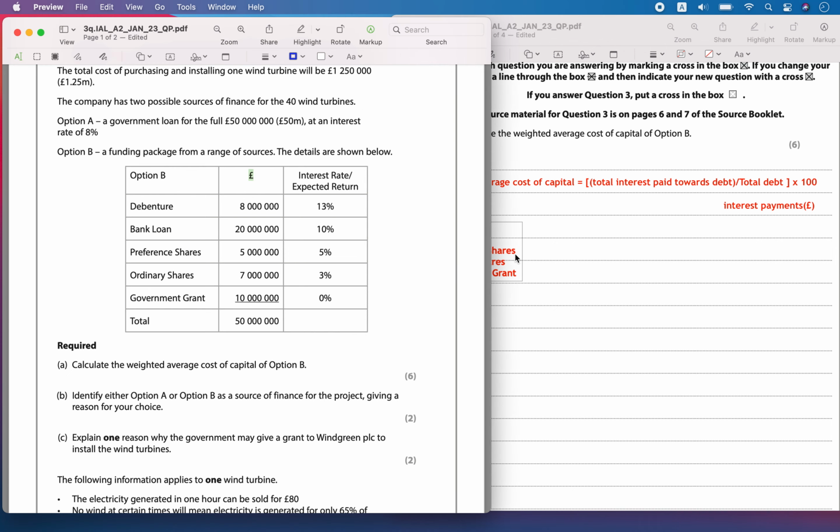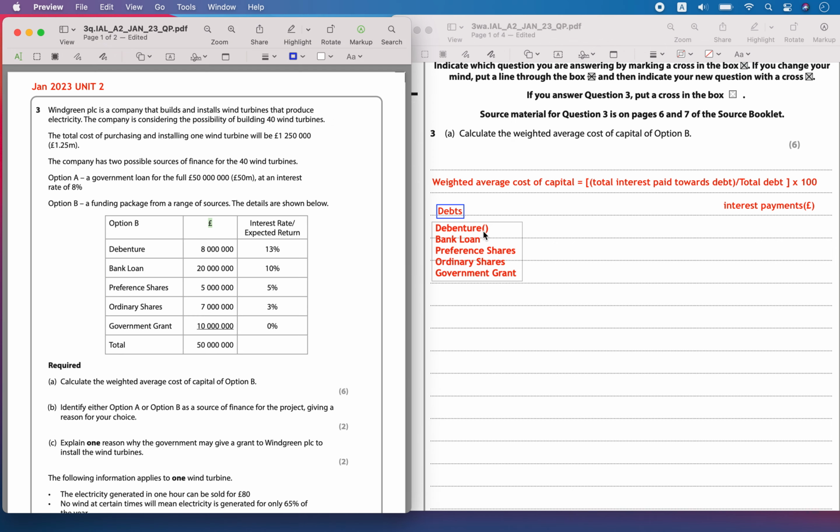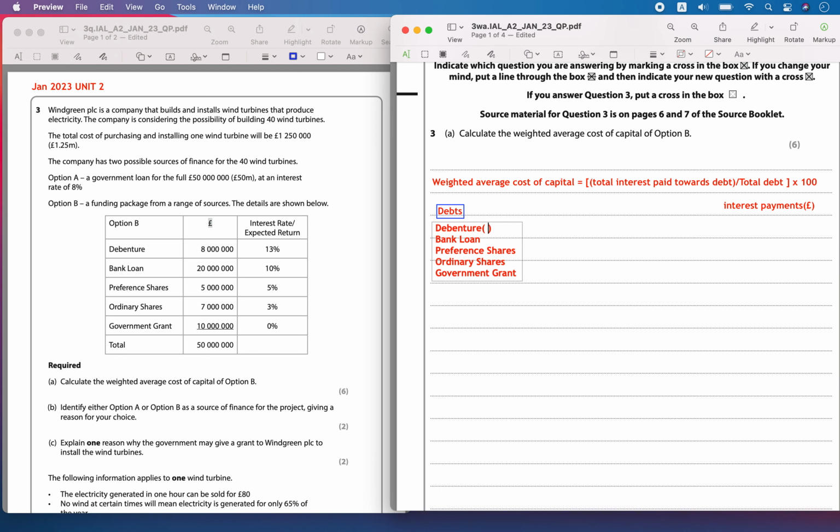The first one is 13% of 8 million. So that is going to be equal to 1.04 million. 13% of 8 million is 1,040,000. This is the interest payment.